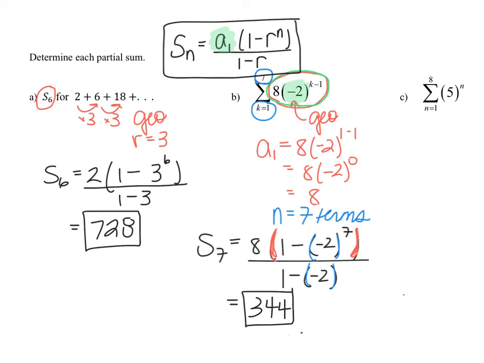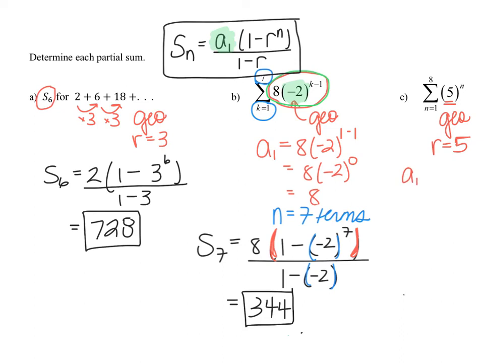Now let's move on to this last example. So rather than actually substituting in 1 and then substituting in 2 so that we could see the pattern, I hope you can recognize it a little bit more easily now that we have 5 raised to a power. So that's telling me that it's a geometric series and R will be equal to 5. I'll be multiplying by 5 repetitively.